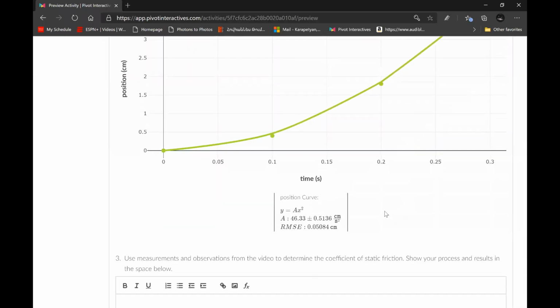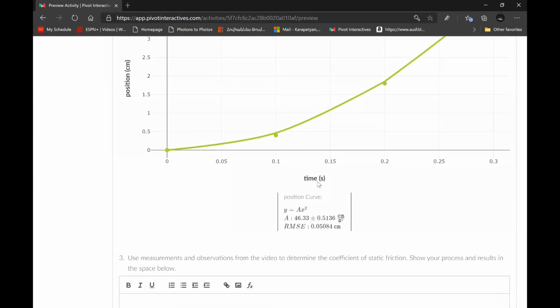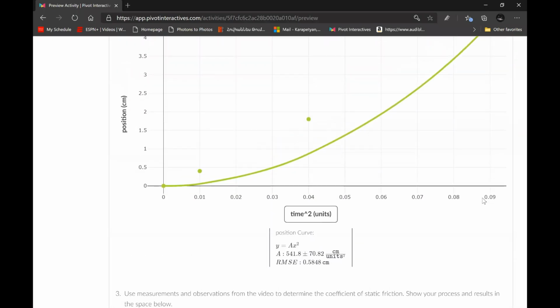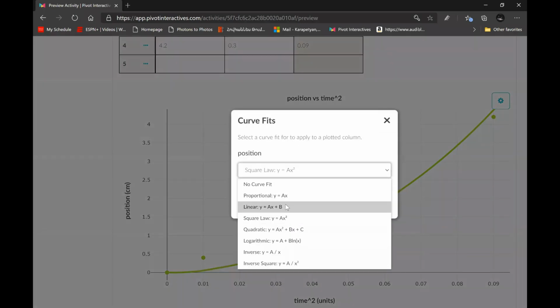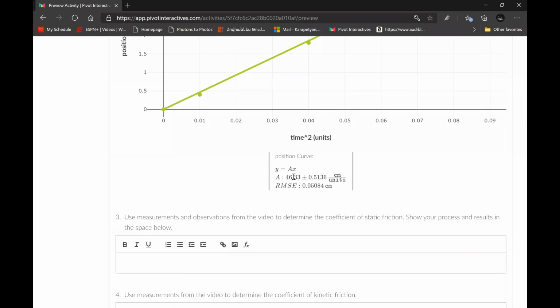The A here is 46.33. Now I'm going to replace time with time squared, so I have a linear fit. Obviously, this is not a good curve for the original, so we go linear, and we get that. See, I get exactly the same slope.